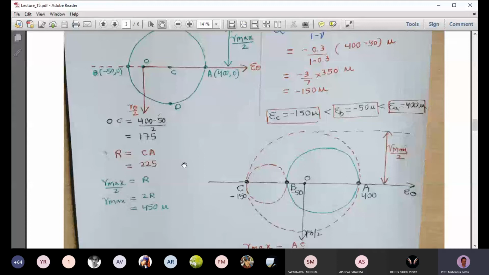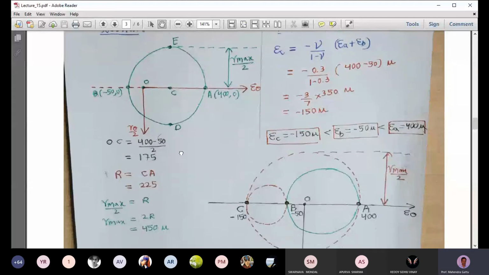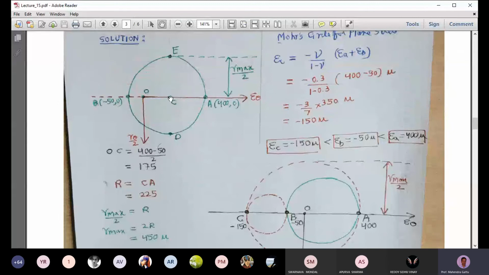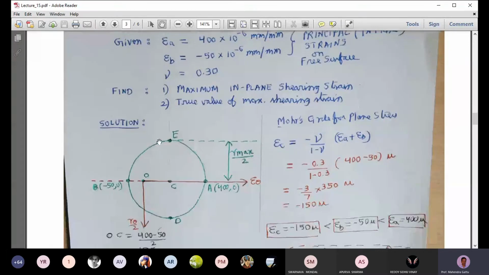This is the maximum in-plane shearing strain, because here we are rotating about the z-axis.